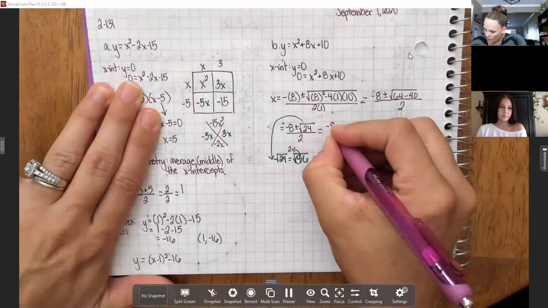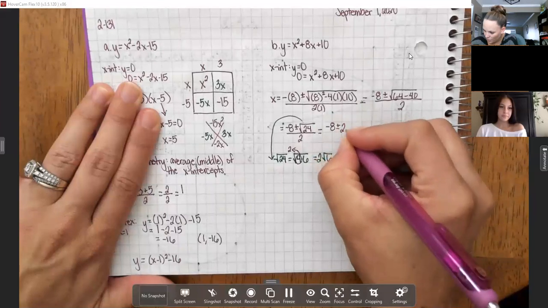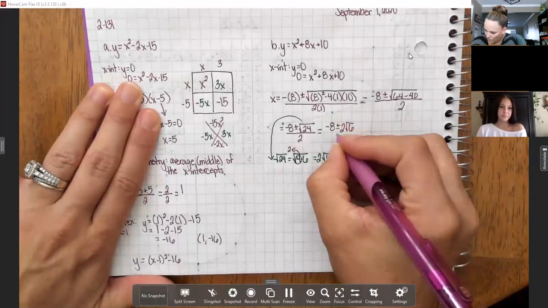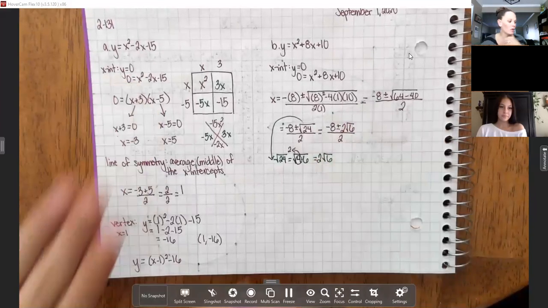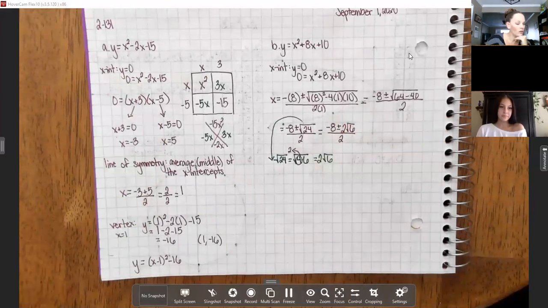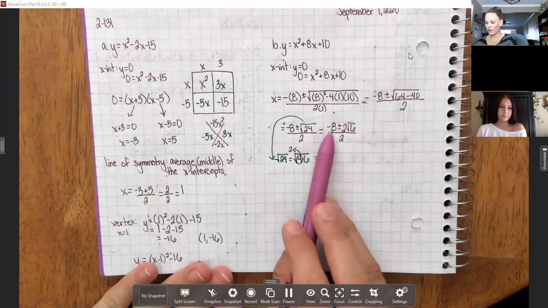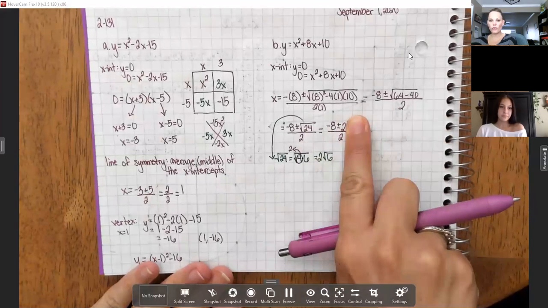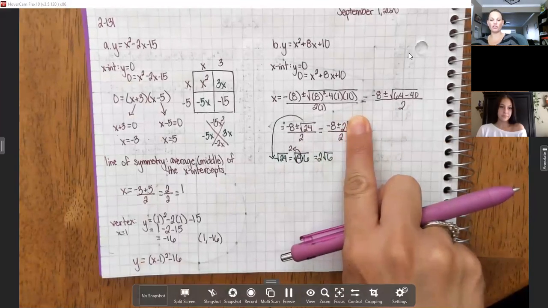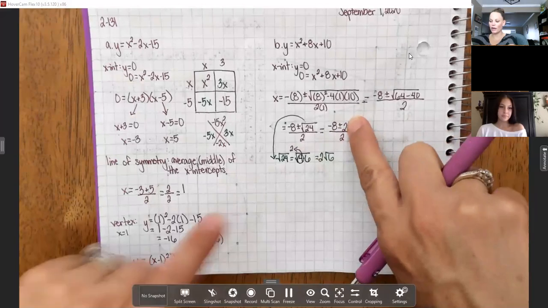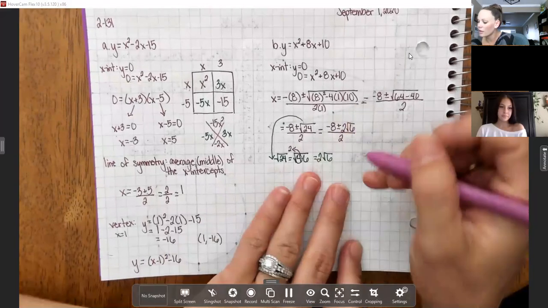So negative 8 plus or minus 2 root 6 over 2. Now we can just divide everything by 2 because they're both even, and you ignore the root 6 when you're doing your division, just like if this said 2x and we divided by 2, it would become x.